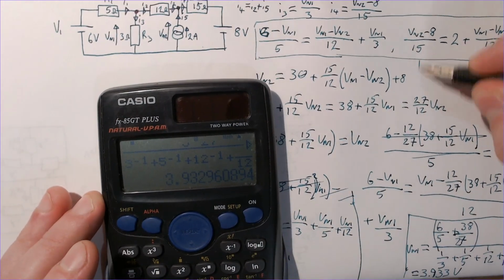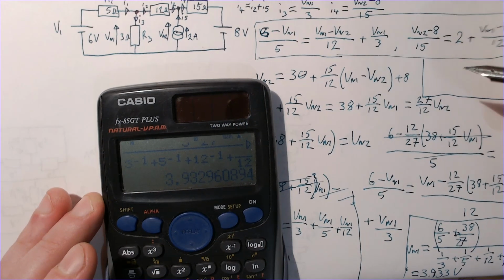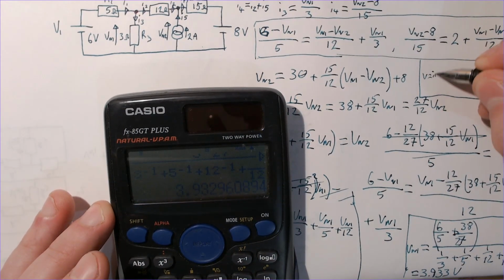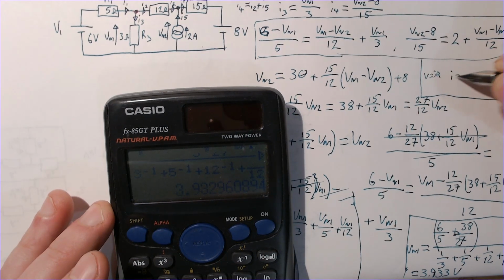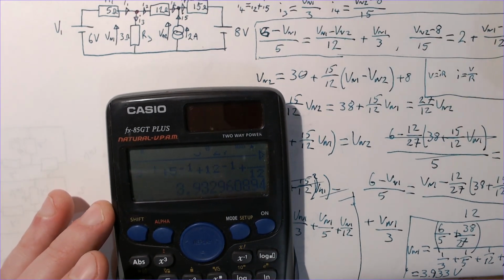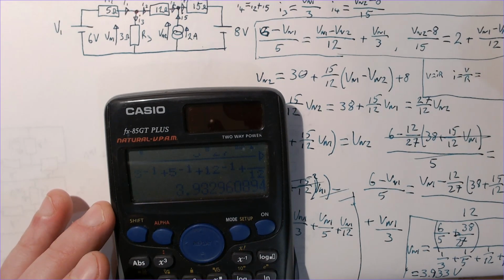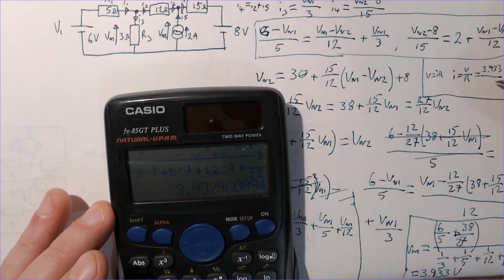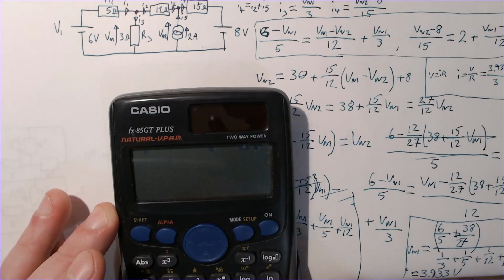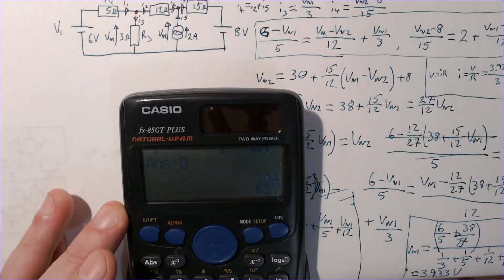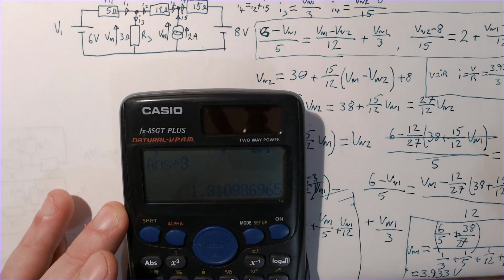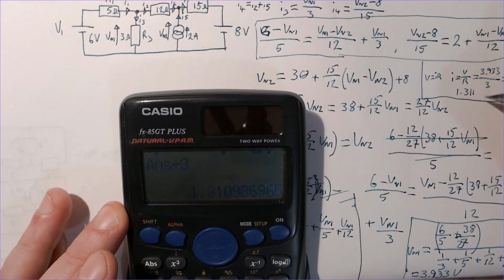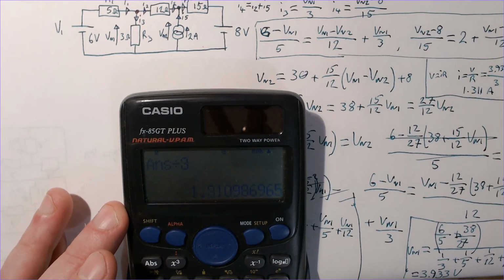so let's use this space here. V equals IR, therefore I equals V over R, which equals 3.933 divided by 3, which equals 1.311 amps approximately.